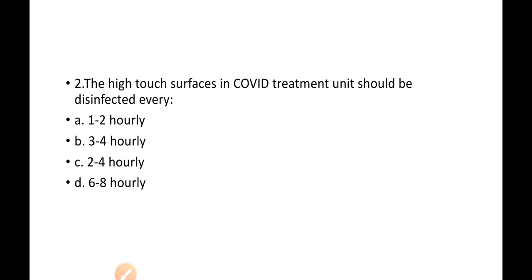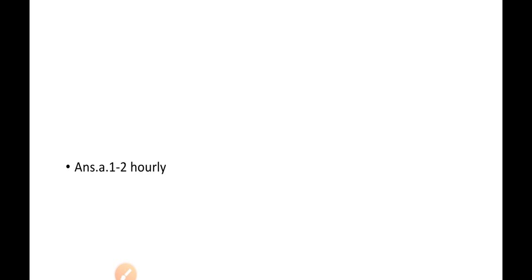When it comes to a COVID treatment unit, the frequently touched surfaces, which the healthcare workers will frequently come in contact with, should be disinfected every 1st to 2nd hourly. So the answer is option A.